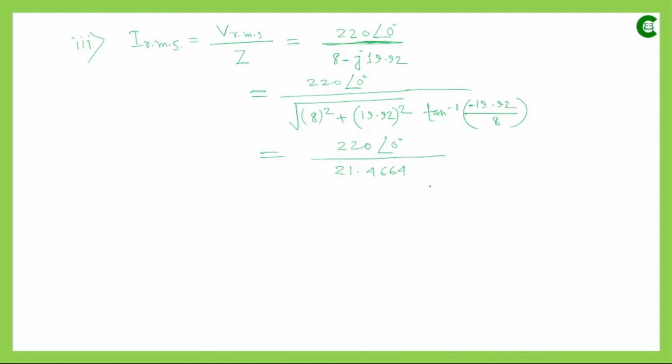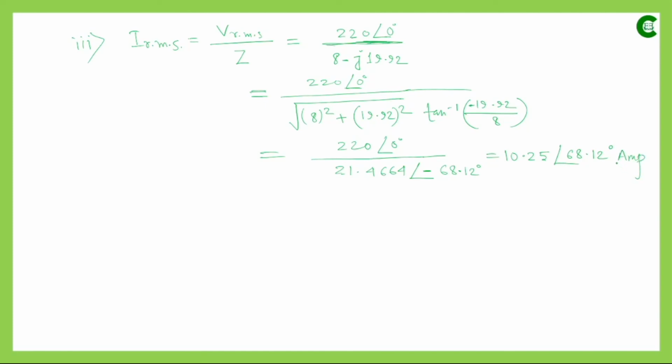Here we have a negative sign, so in the denominator we will have minus 68.12. And 220 divided by 21.4664 finally will give us a value 10.25, and angle-wise they will simply be subtracted. So 0 degree minus of minus 68.12, so finally it will be 0 plus 68.12, so 68.12 degree, and this is the measurement of current, so it will be ampere.